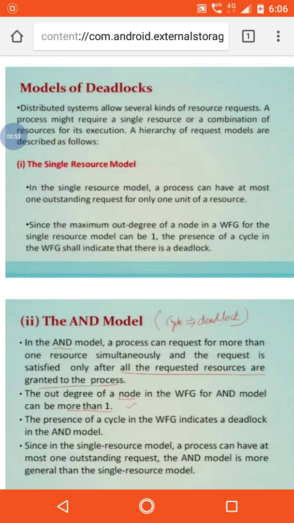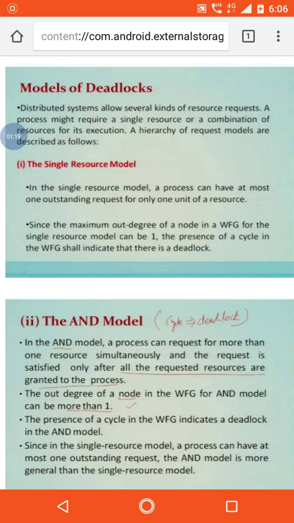In the single resource model, a single process sends a request to a single resource. That is the single resource model. If the resource is free, the process will use the resource. In a single resource model, a process has at most one outstanding request for one unit of a resource.